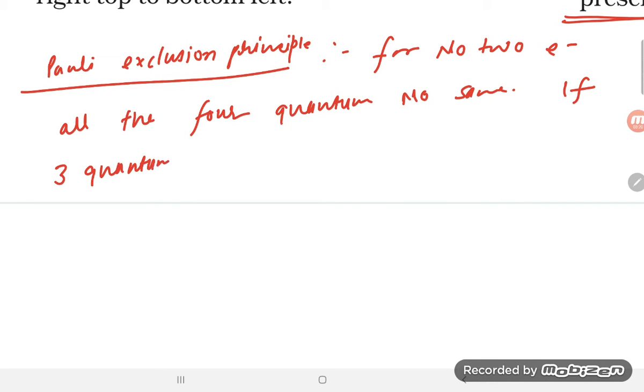If three quantum numbers are the same, then the fourth must be different.